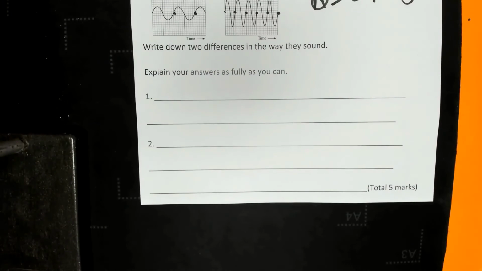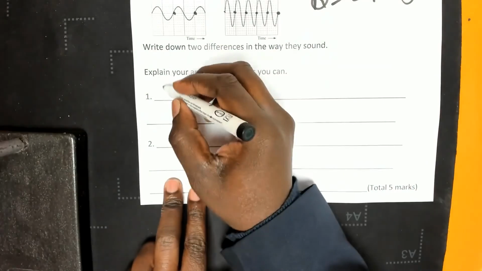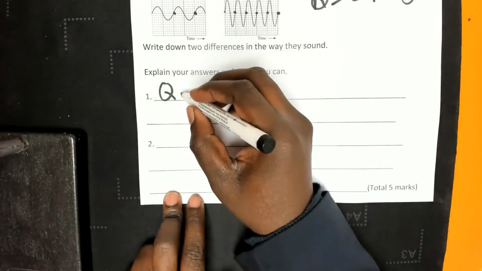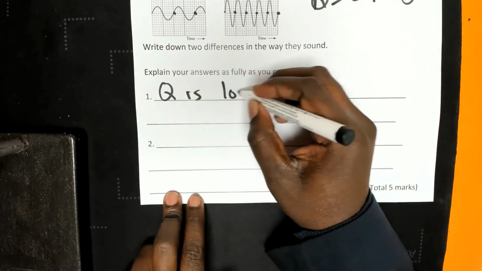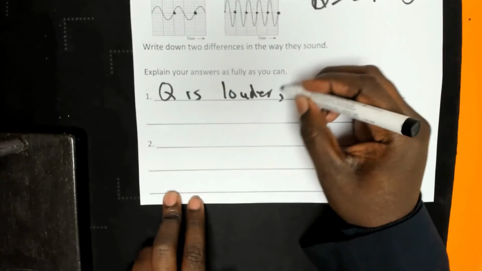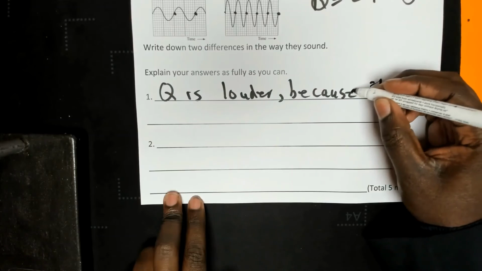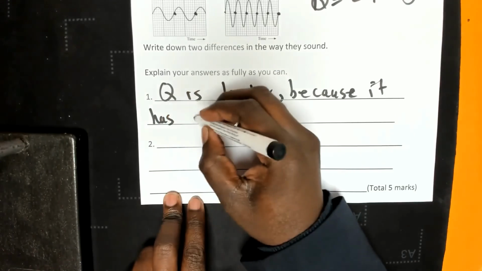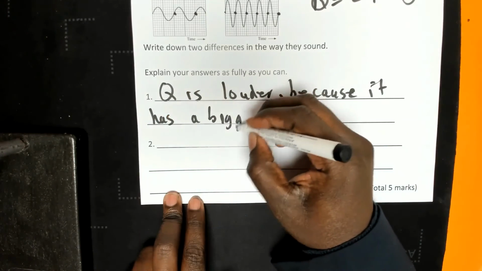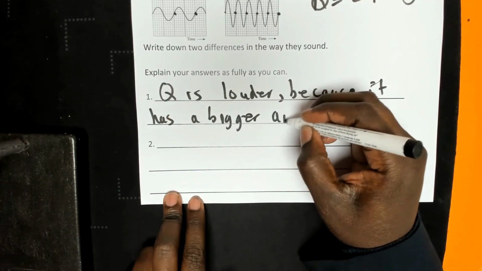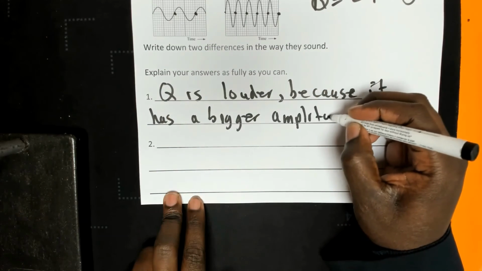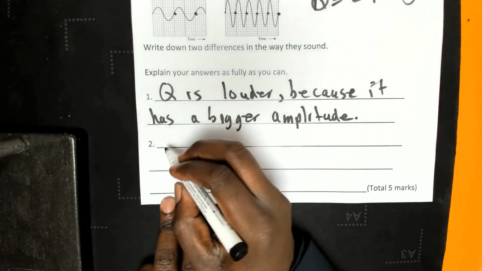Now let's think about this. Q is louder because it has a bigger amplitude. All right?